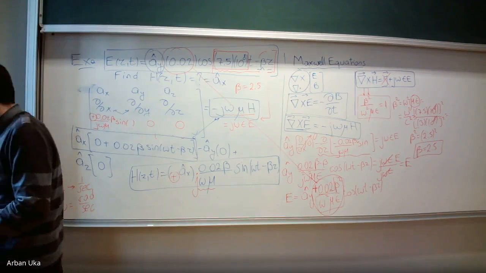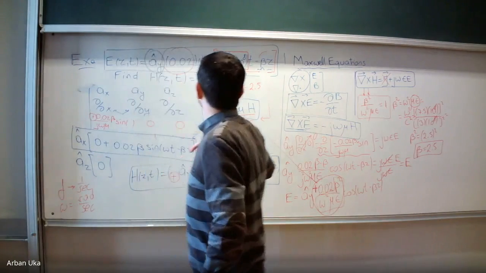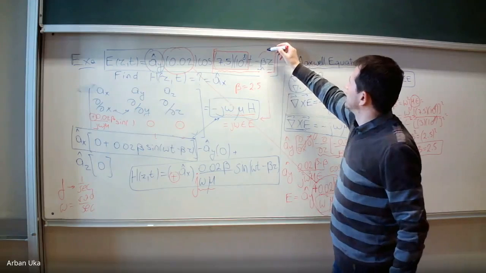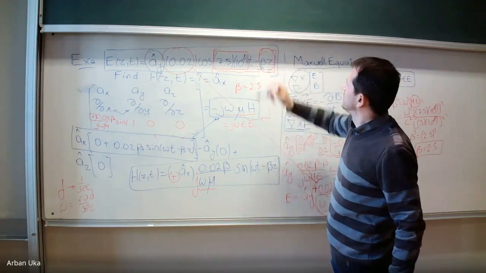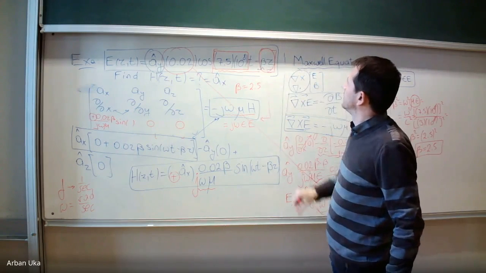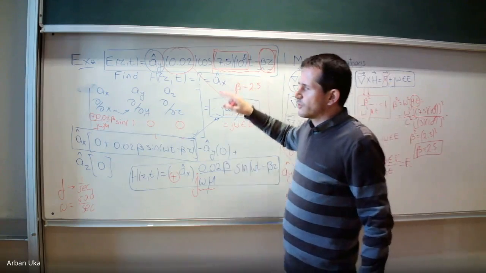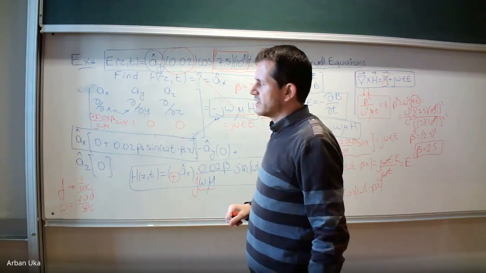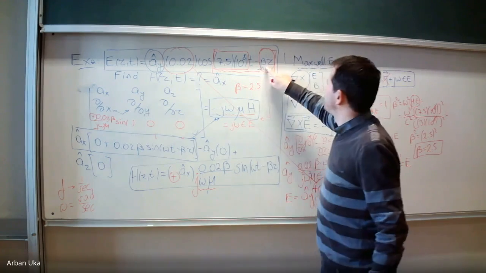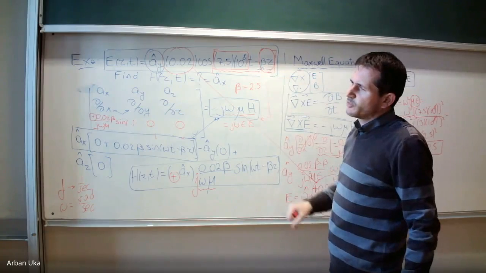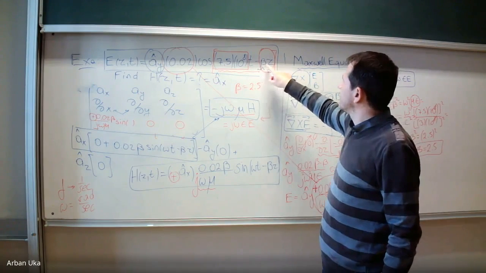Well, the unit of beta, we should see it from here. So the whole cosine should have units of radians, right? But here we have beta z. So beta z should be radian something times meters.